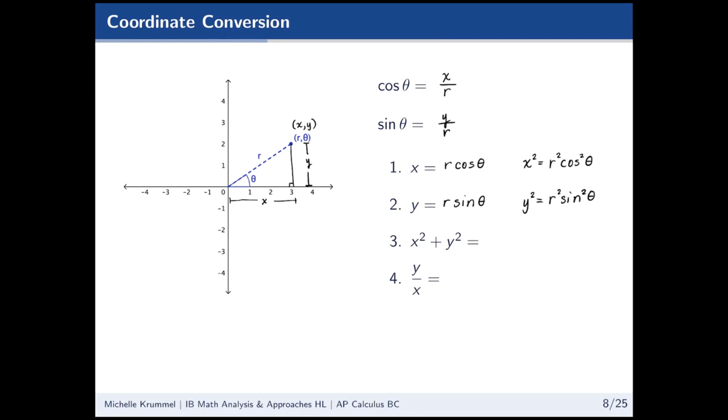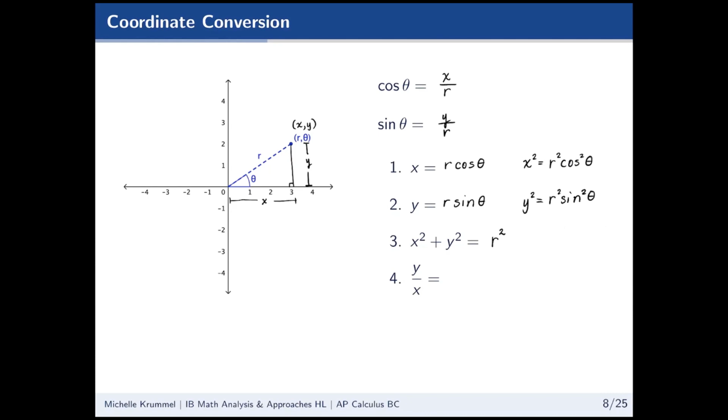Now adding the left-hand sides gives me x squared plus y squared, and adding the right-hand sides gives me r squared cosine squared theta plus r squared sine squared theta. We can factor out the r squared, leaving cosine squared theta plus sine squared theta, which we know from the Pythagorean identity is equal to 1. So now this simplifies to just x squared plus y squared equals r squared.